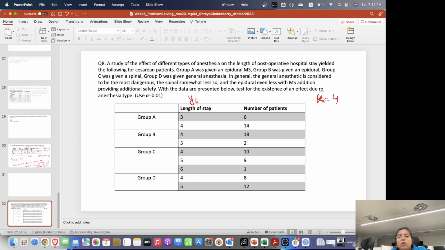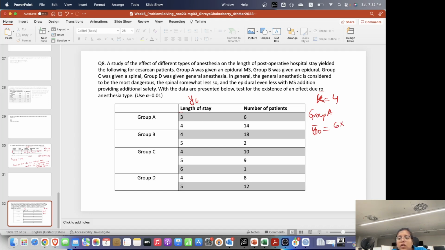If I have to find group A, y1 naught bar, how will I take it out? There are 6 patients with 3 hours of length of stay of anesthesia.